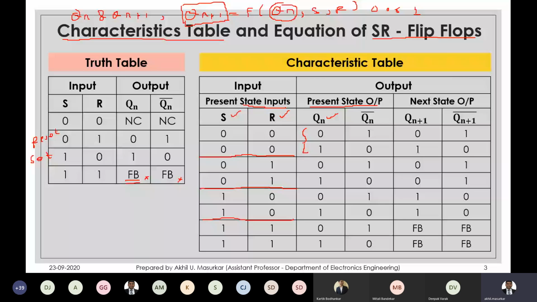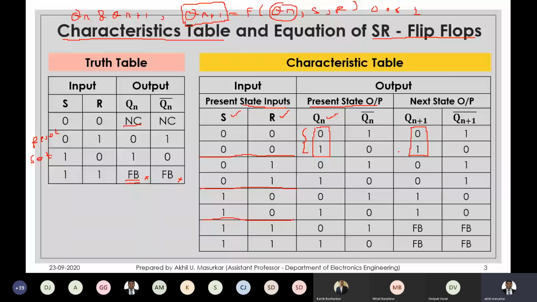But once you clock the SR flip-flop, for 0 0 we have the no change condition. No change means whatever the output is, it will remain the same. That is why when S and R is 0 0, if Qn is 0, my next state output is going to be 0, and if Qn is 1, my next state is going to be 1.